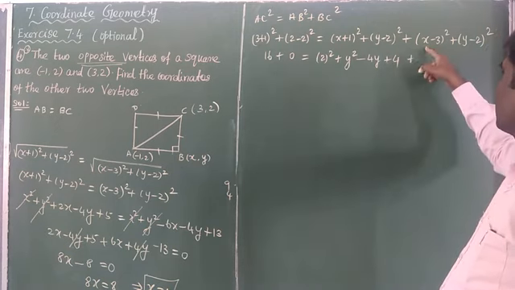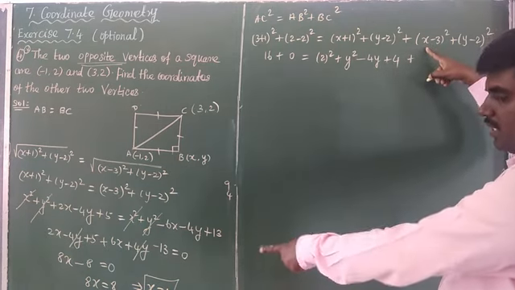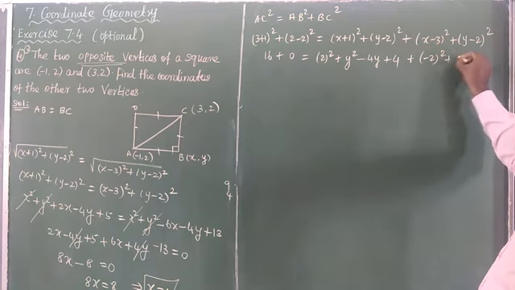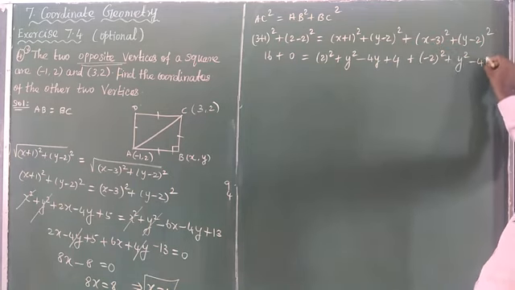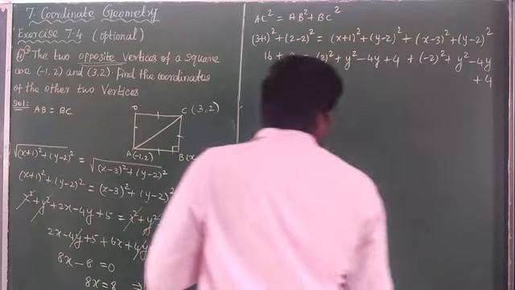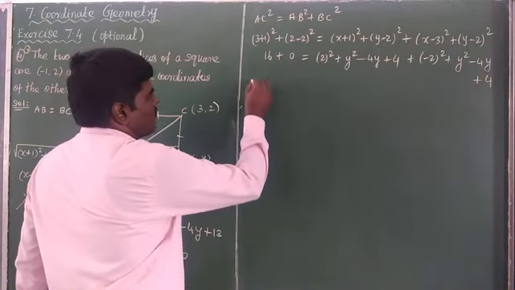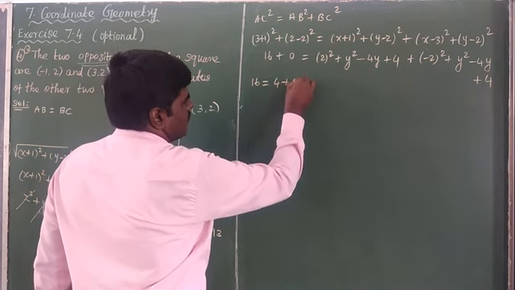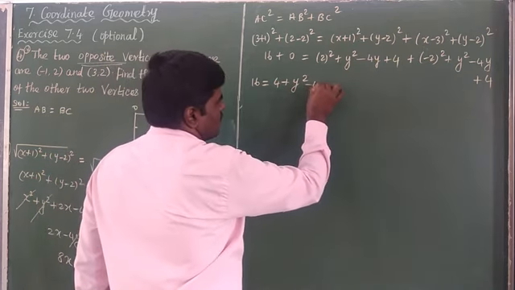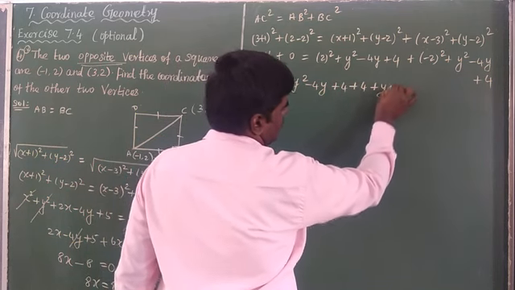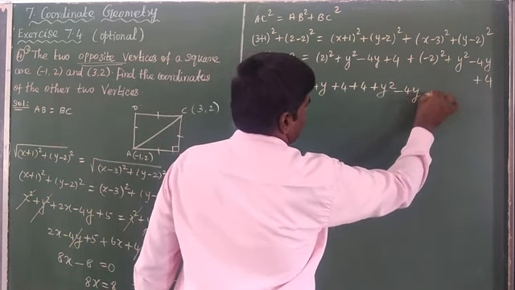Next, plus the substituted value, (1 minus 3) which is minus 2, the whole square, plus y square minus 4y plus 4. Is that clear? Now simplify the above equation: 16 is equal to 4 plus y square minus 4y plus 4, plus 4 plus y square minus 4y plus 4.